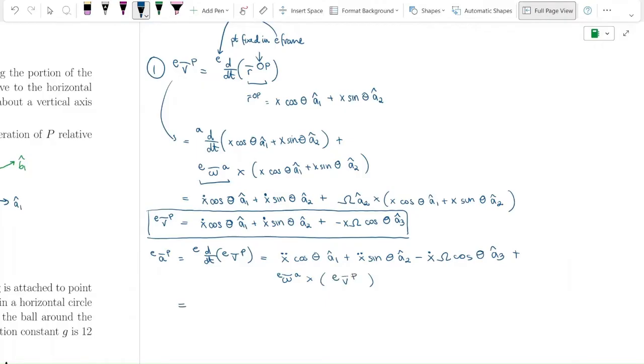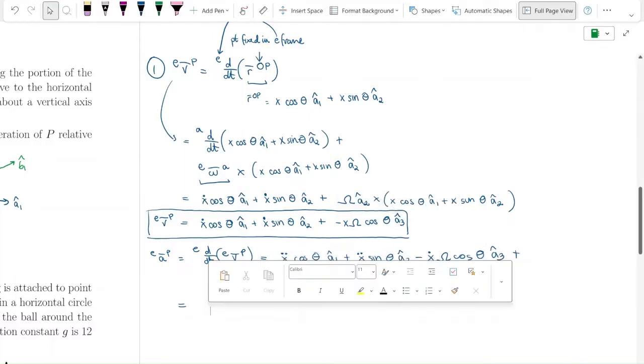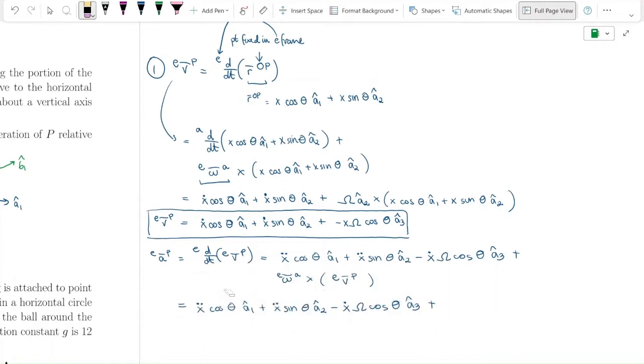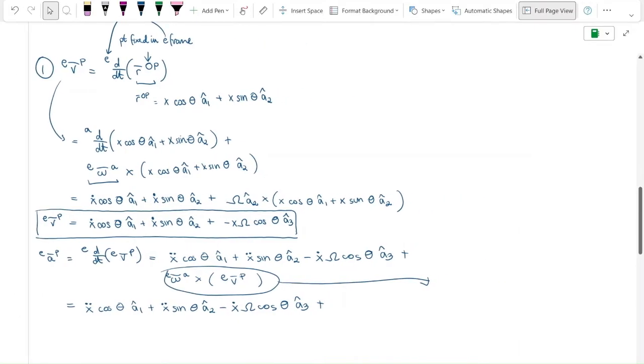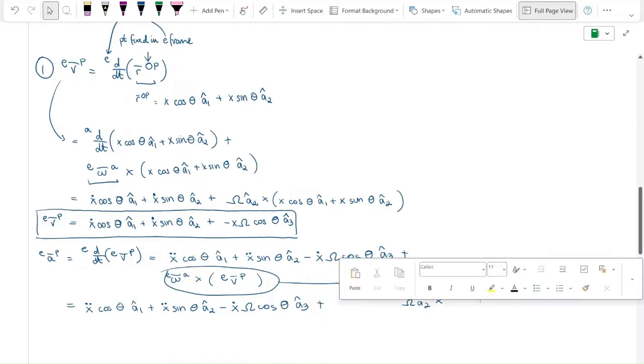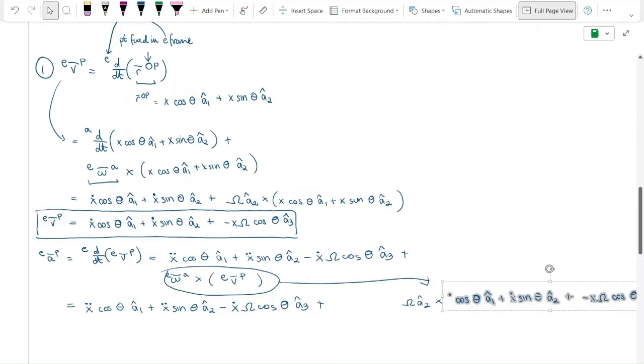Okay, so this becomes this, plus the angular velocity of A with respect to the E-frame, which is just omega a2 hat, right? Cross with VPE, which is this, with x dot cosine theta.